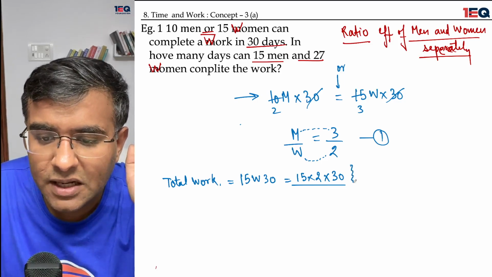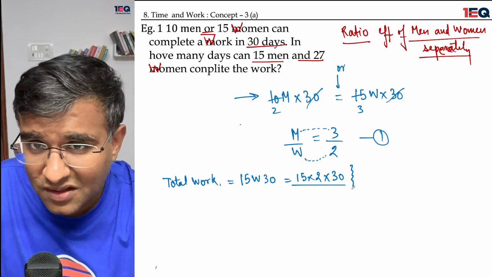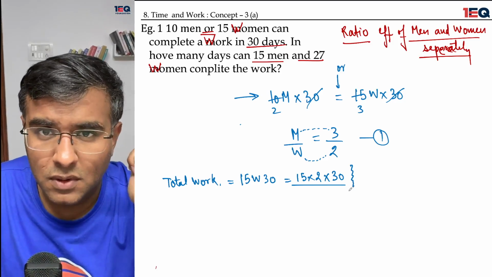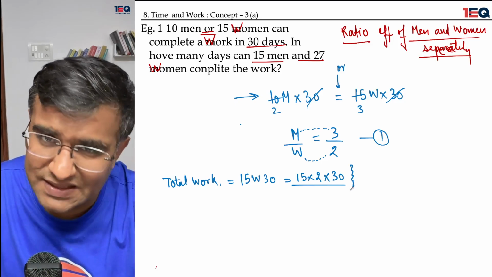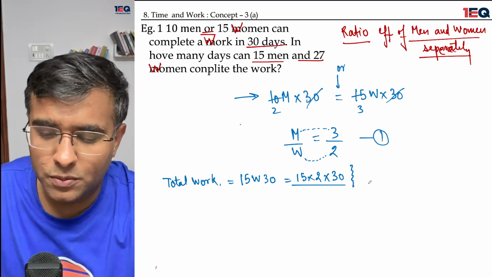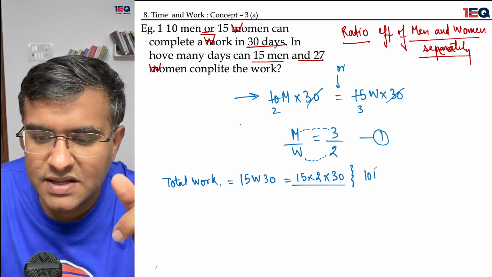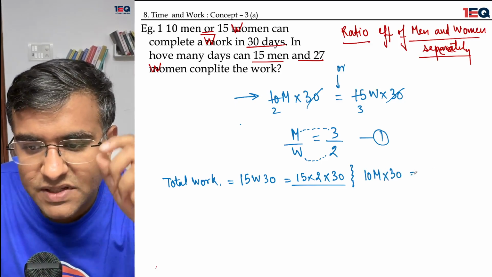Some people might tell me that no, we wish to take the work of men. But the reality is, men and women are doing the same work. No matter who you pick up, the output is going to come out the same. I'll tell you how. Let me pick up the work of men. The work of men is that of 10 men into 30. I'll pick up the efficiency of men.